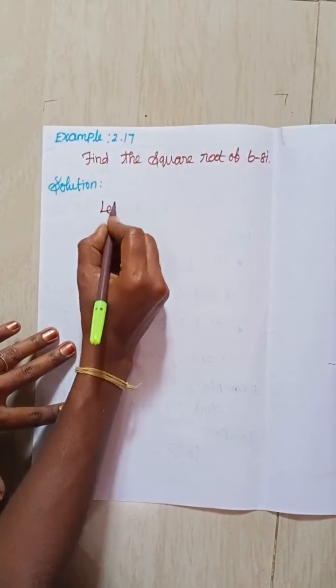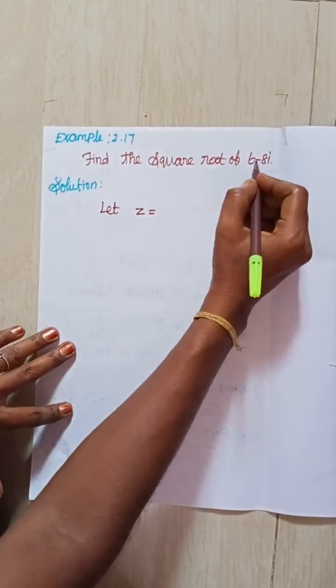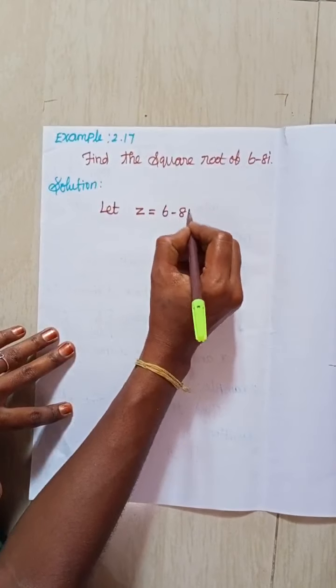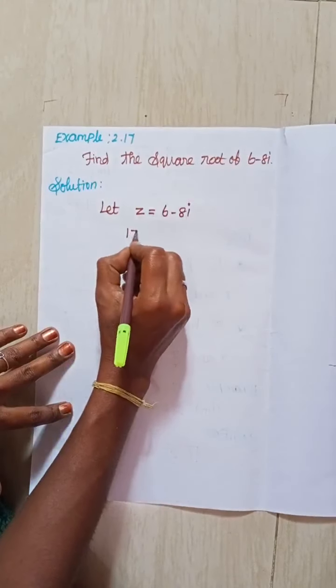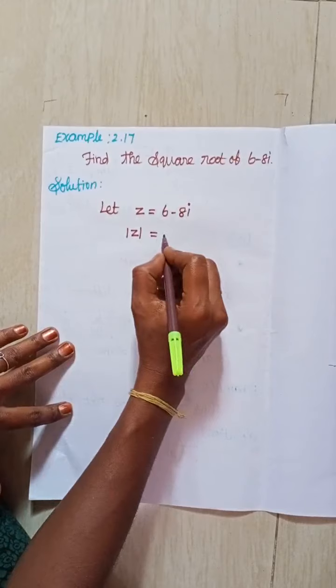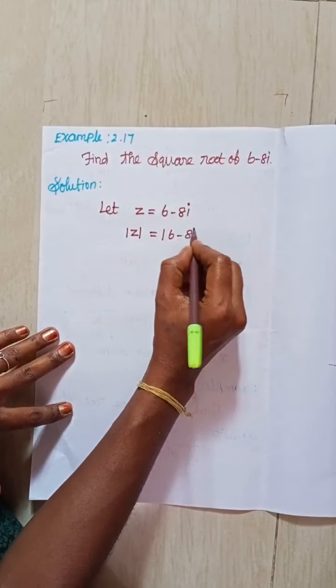Let z be the complex number. The given complex number is 6 minus 8i. Now find modulus z. Modulus z is nothing but the modulus of 6 minus 8i.